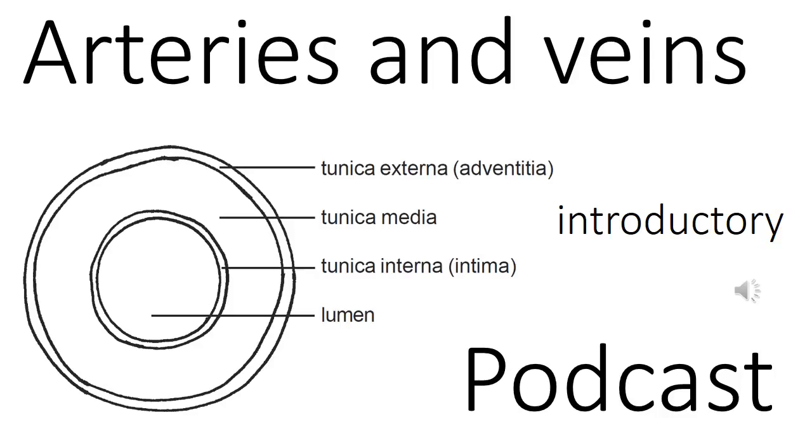But in the veins, we don't have a similar source of heart originating pulsation. The venous return to the heart is conducted via different mechanisms. So that was just a short podcast on arteries and veins, starting to think about the differences between arteries and veins and some of the clinical significance of us possessing this important knowledge.